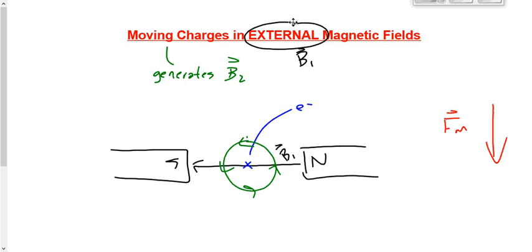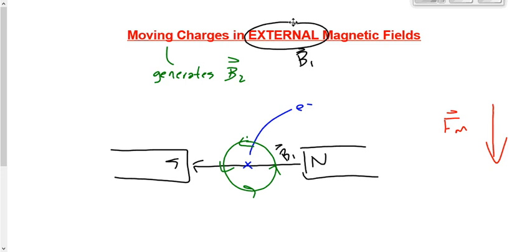Thumb goes in the direction of the moving charge, which in this case is into the page. If it's a negative particle, you would use your left hand. If it's a positive particle, you would use your right hand. Thumb goes in the direction of the moving charge. Your fingers, which are not bent this time, this is our third rule, and for the first time we're using our fingers straightened out, not bent.